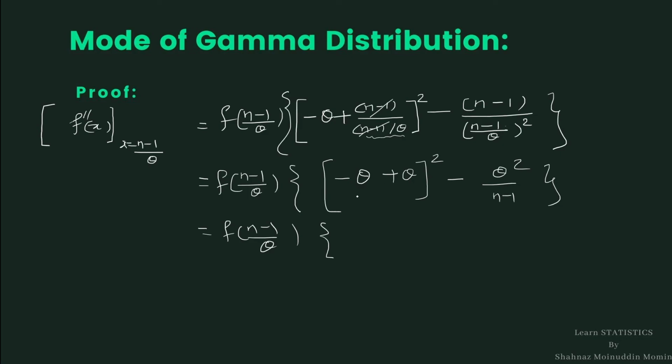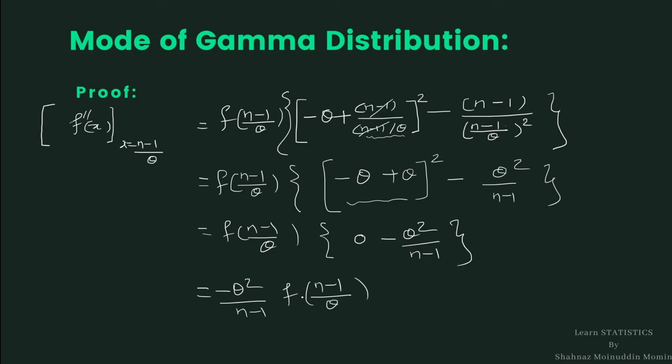This is 0, this is 0, so it is 0 minus theta square by n minus 1, which is equal to minus theta square by n minus 1 f of n minus 1 upon theta.